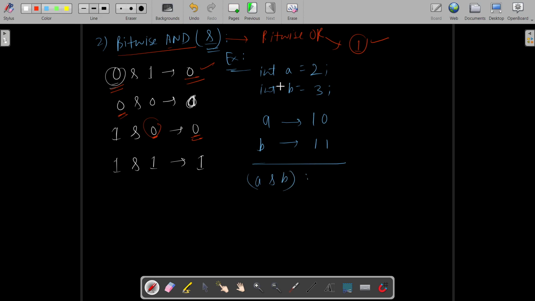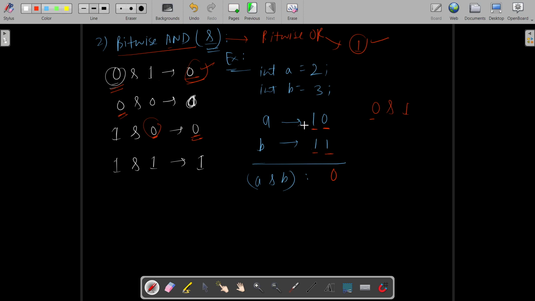In the ones place of a we have 0, and in the ones place of b we have 1. So 0 and 1, according to the rule, gives us 0 only. I already told you that even if we get one single 0, then the output will be 0. So we get 0 in the first place. For the twos place we have 1 here and 1 here.